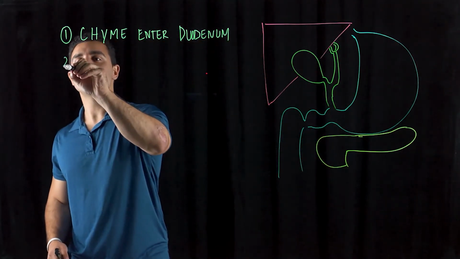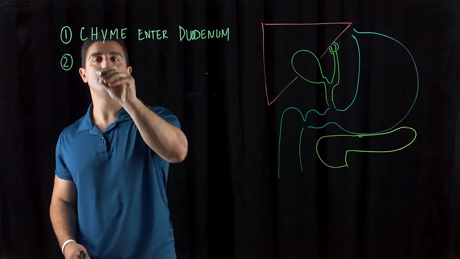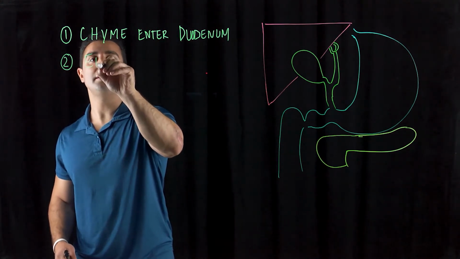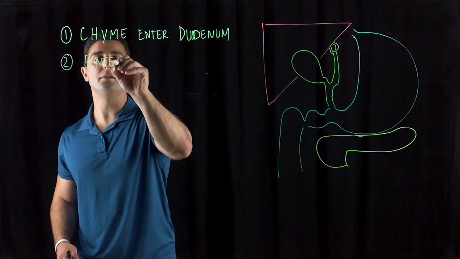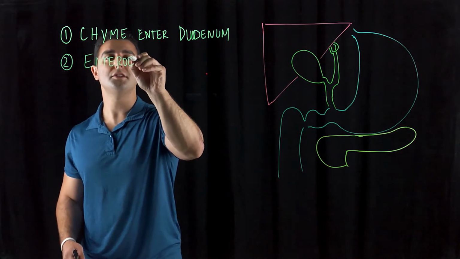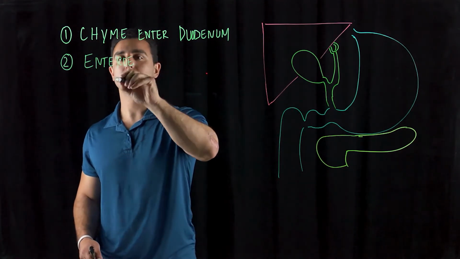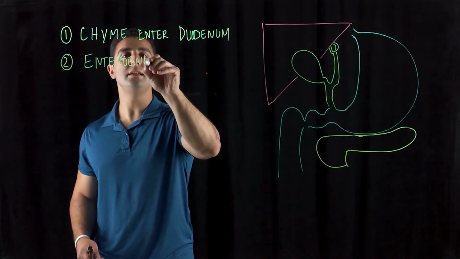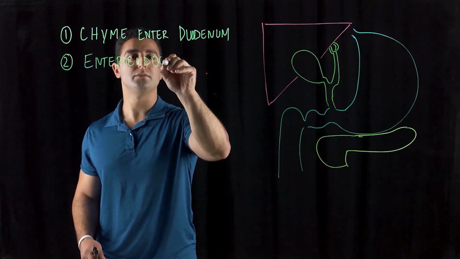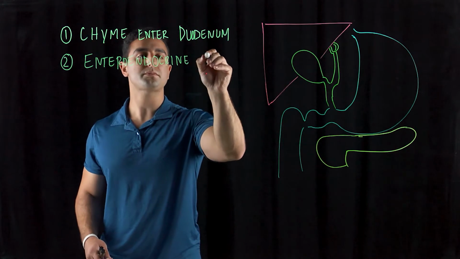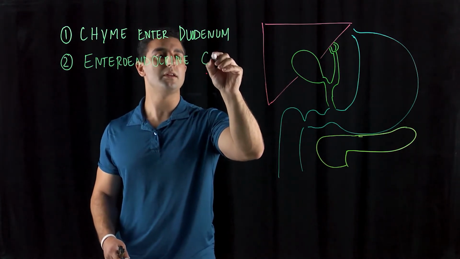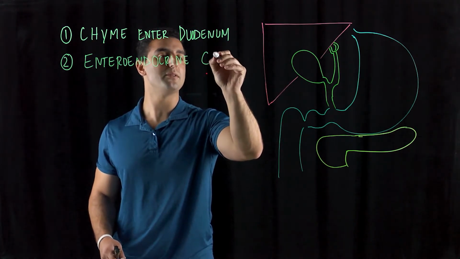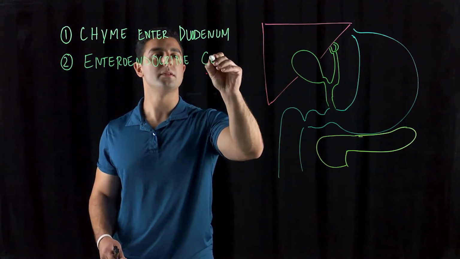This stimulates cells, specifically known as the enteroendocrine cells of the duodenum, to secrete certain hormones. And these hormones are called secretin and cholecystokinin, or we can refer to it as CCK.